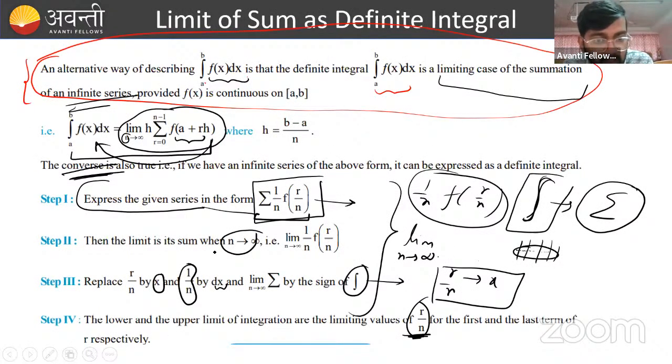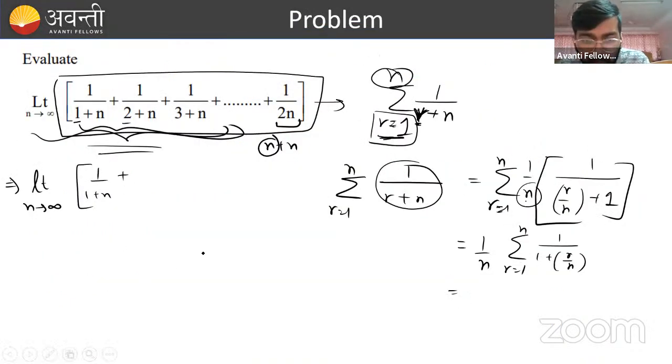Then the limit is its sum when n is tending to infinity: limit n tending to infinity 1 by n f of r by n. This we have already achieved. So this can be found out by limit n tending to infinity 1 by n into 1 by 1 plus r by n.